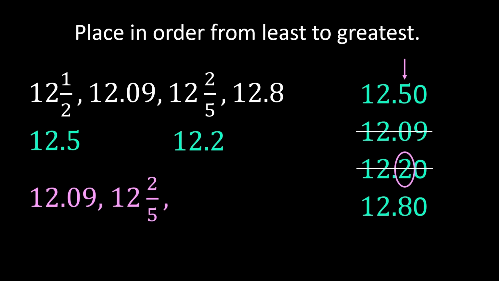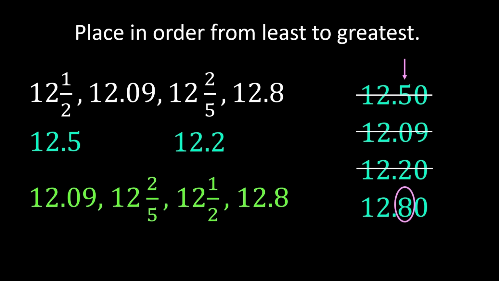We'll cross it off as we finish with it, and the next lowest value is 12 and 5/10, which will go in the order as 12 1/2. And when we cross it off, we can see that only 12 and 8/10 remains. These values, in order from least to greatest, are 12 and 9/100, 12 and 2/5, 12 1/2, and 12 and 8/10.